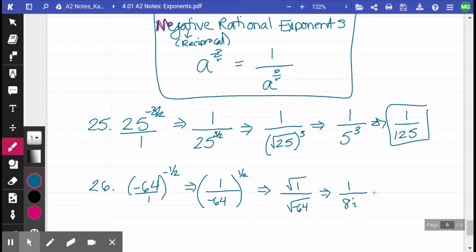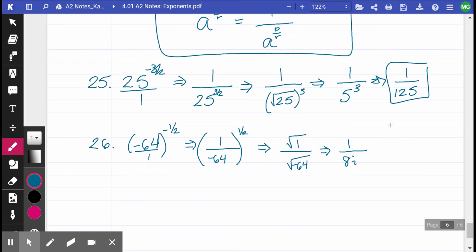Oh no, but there's an i in the denominator. We're not allowed to have an i in the denominator, so what do I do to get rid of it? Well, hopefully you remember you need to multiply it by itself. So we're going to multiply both the top and the bottom by i. 1 times i is i. Now I have 8i squared. And think back to your i circle or your calculator: i squared is negative 1.